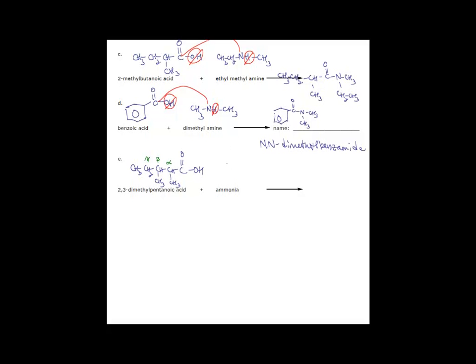You didn't know ammonia. That's no problem. Should have given that to you. Ammonia, looks like that. So NH3. So in order to make your amide, get rid of the OH, get rid of one of the H's here. So this is NH2, make a really long bond. And then you have your amide.